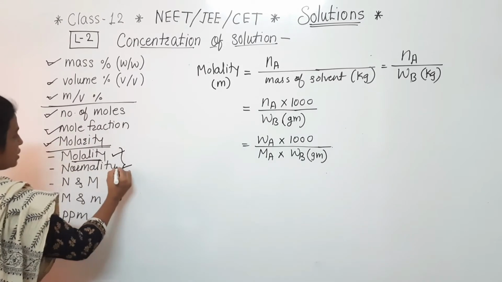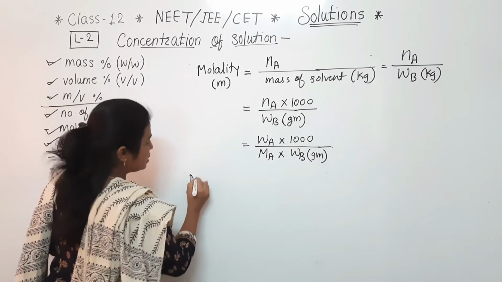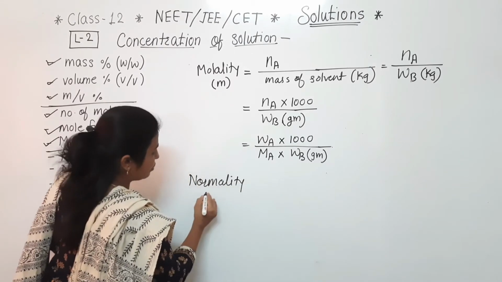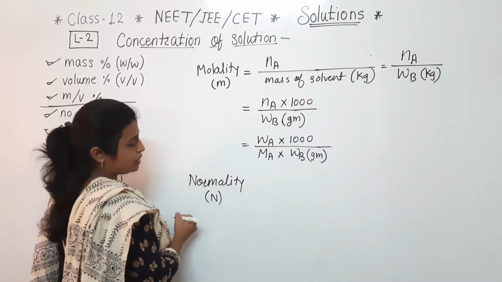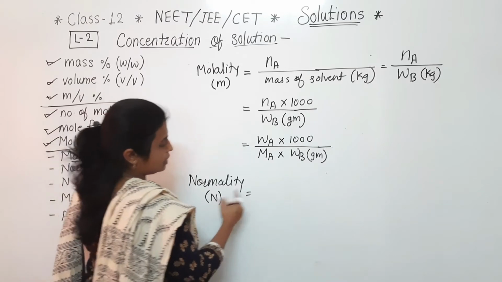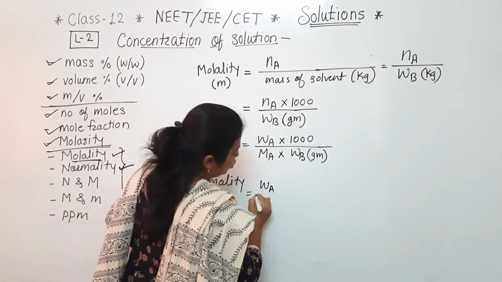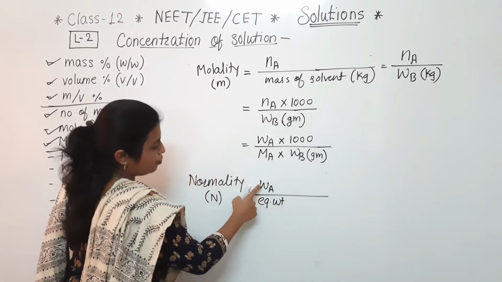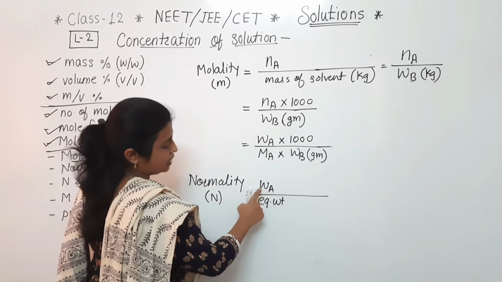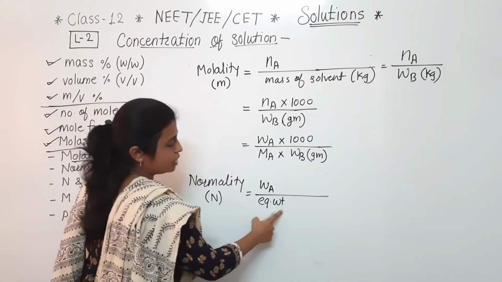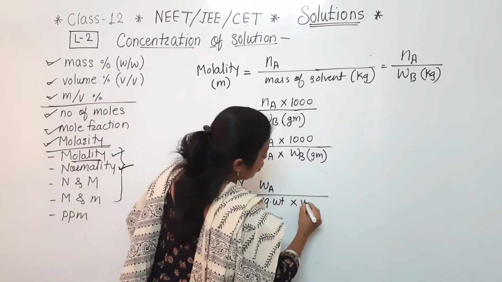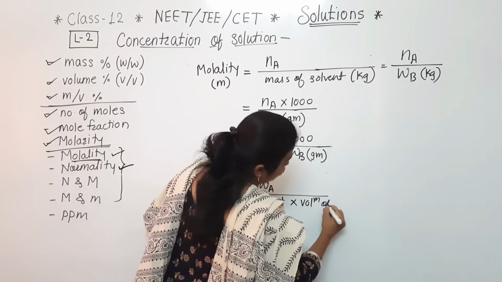Next formula is of the normality. So what is that formula? Normality, for which we use the symbol capital N, is nothing but the mass of solute present in its equivalent weight. So here we take WA, the mass of solute, divided by the equivalent weight of the solute into volume of solution.